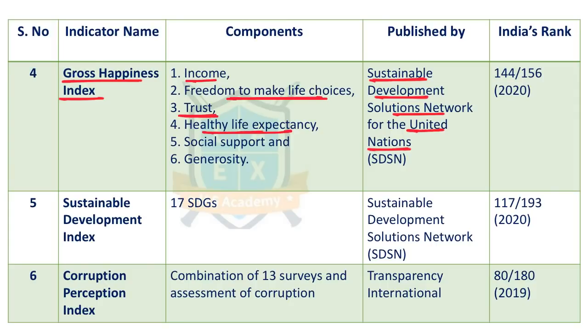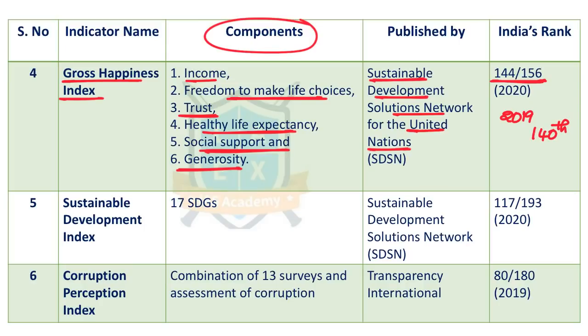Fourth, healthy life expectancy. Fifth one, social support systems. And finally, generosity. These are the six components under Gross Happiness Index, and India got 144th rank. In 2019, we got 140th rank, and now we went down 4 ranks. Now this year, 144th rank.